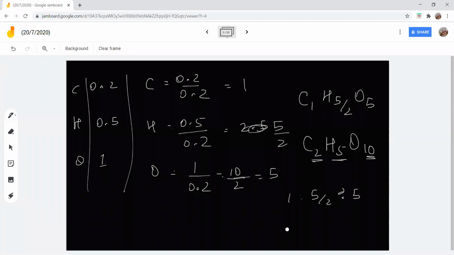I can further write it as 2 is to 5 is to 10, correct? I'm multiplying throughout by 2 to cancel the denominator. Okay, ma'am. At last there will be no denominators, ma'am. We should only have whole numbers.